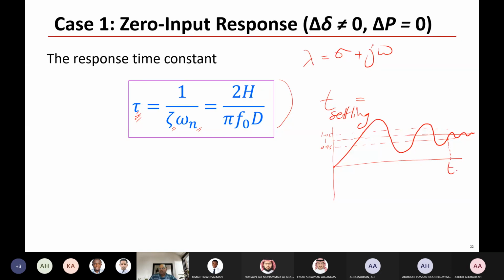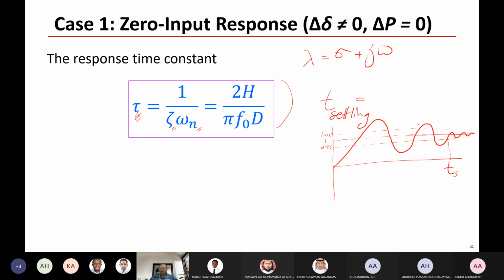So this is the settling time: when the response reaches the region 0.95 to 1.05, plus or minus 5% of the steady state, and stays within these bounds.